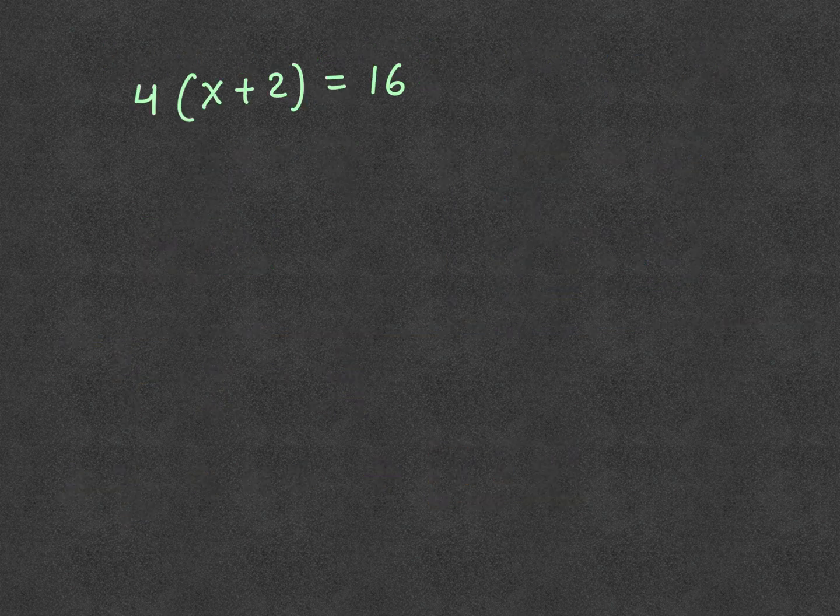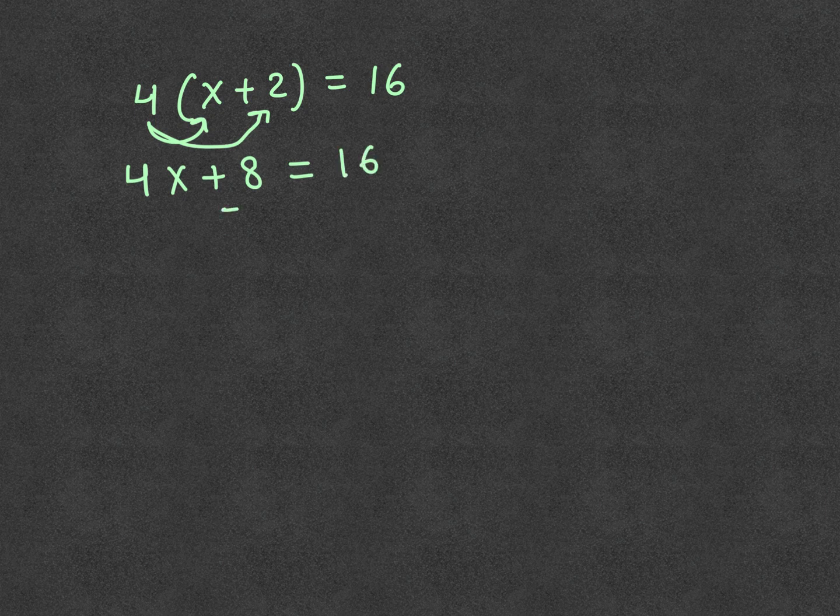Next question I have here is 4 times x plus 2 equal to 16. I'm going to apply the distributive property to solve for x. So distribute 4 inside. 4 times x is 4x. 4 times 2 is 8. 4x plus 8 is 16.